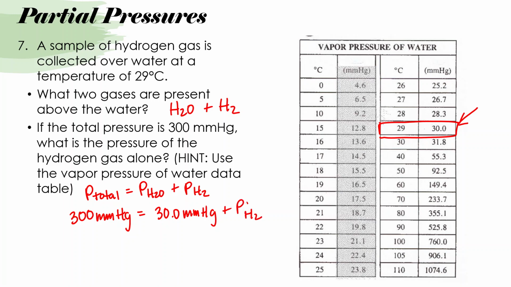So that means that the pressure of H2 is going to be 300 minus that 30, or 270 millimeters of mercury. So this is Dalton's law of partial pressures here. The sum of each individual gas pressure will equal the total pressure of all gases combined.